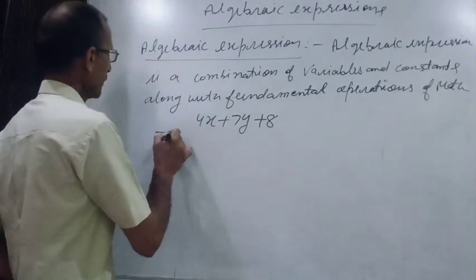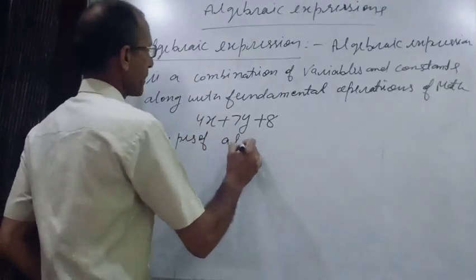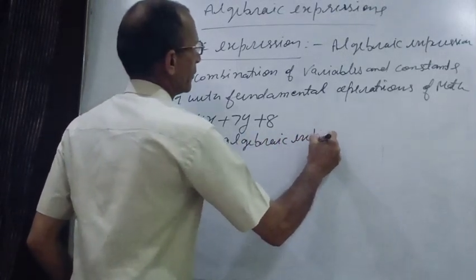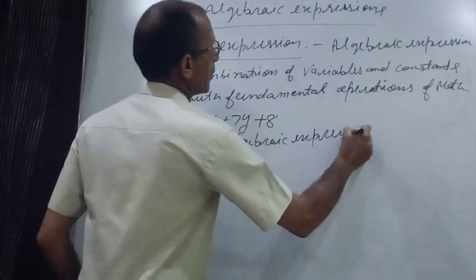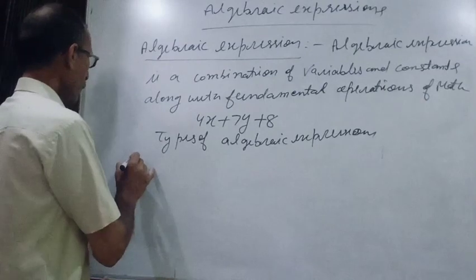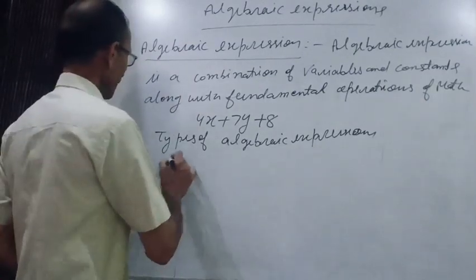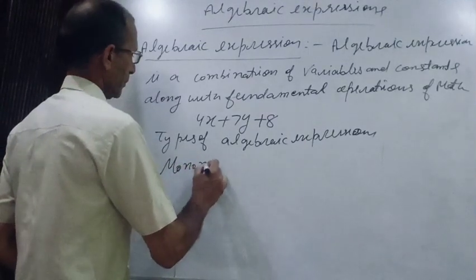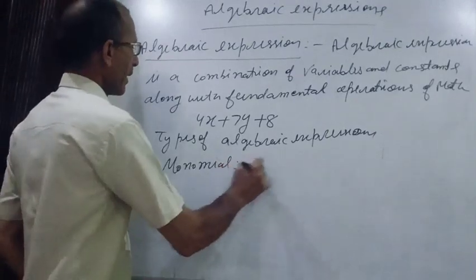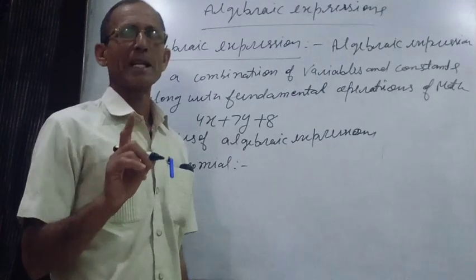Types of algebraic expression. First is monomial. If an algebraic expression has only one term, it is called monomial.